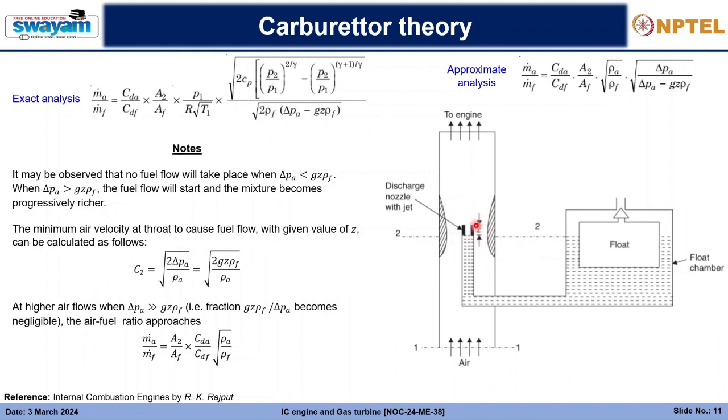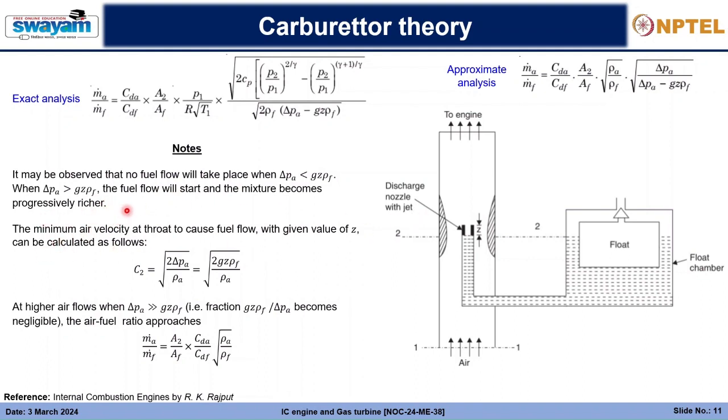So if this jet is as small as possible, that is good for us. But again, we need a particular distance to ensure that no fuel will leak out when the system is not operating. So when the pressure difference is greater than this quantity, the fuel flow will start, and the mixture becomes progressively richer.